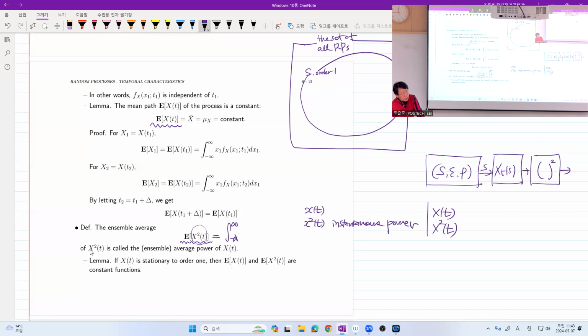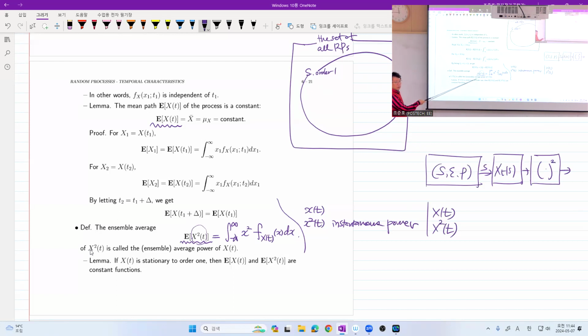You still just need the first order PDF: the integral of x squared times the density of x of t, dx. Nothing difficult. You are reusing the results from your random variable study. And this expected value of x squared of t is called the ensemble average power of x of t.